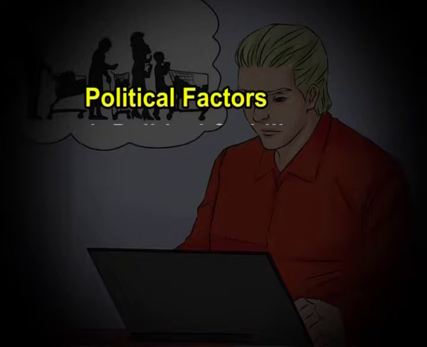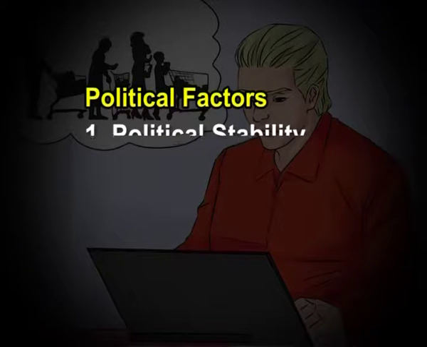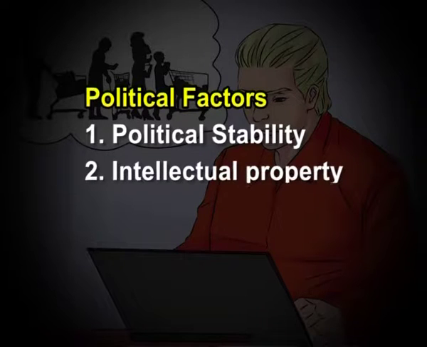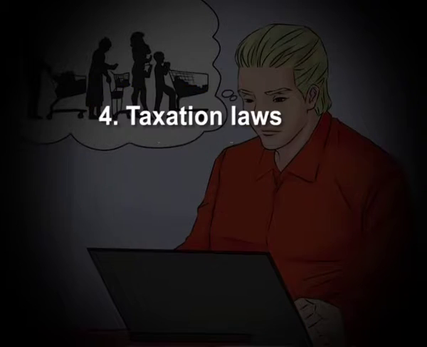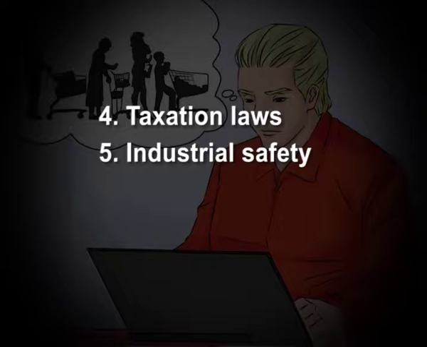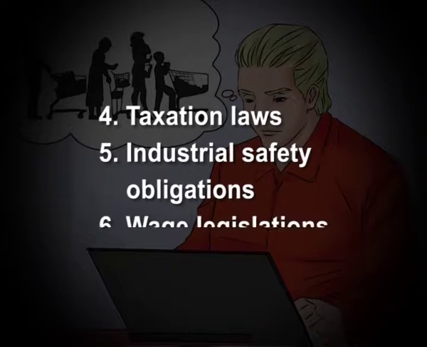When we talk about the political factors, what are its components? Now, the political factors can include political stability, intellectual property protection, pricing regulations, taxation laws, industrial safety obligations and wage legislations.